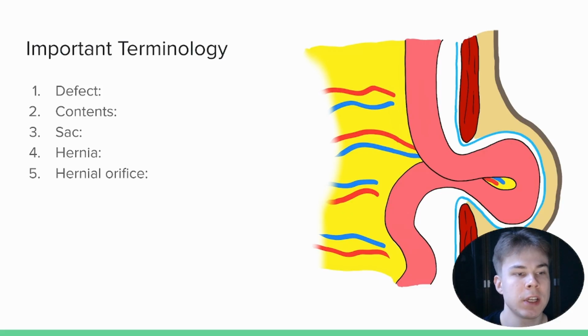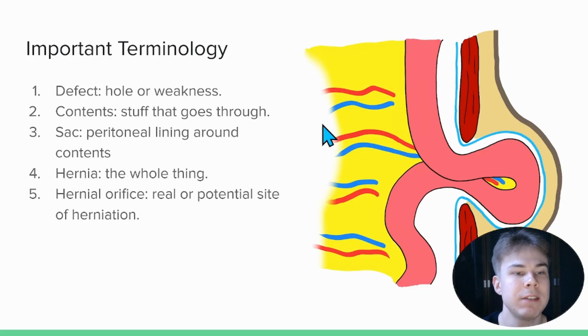Okay, and then for the answer. A defect is the hole or weakness. The contents is the stuff that goes through that hole. And the sac is a peritoneal lining around the contents.